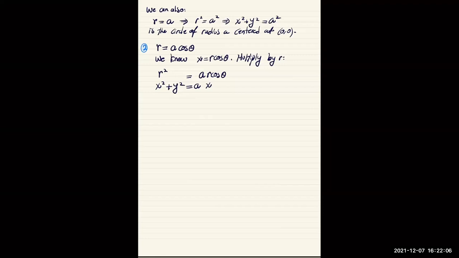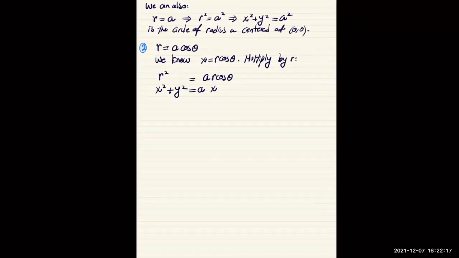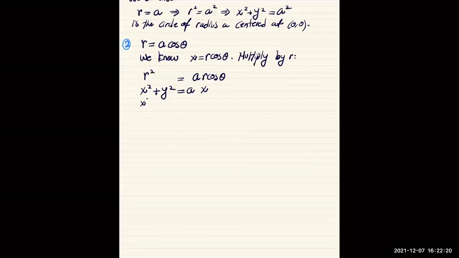So to complete the square on this, what you have to do is you move this ax over to the left and group it with x squared. We're going to rewrite as x squared minus ax plus y squared equal to 0 on the right-hand side. And we need to add a term so that this group becomes a perfect square.